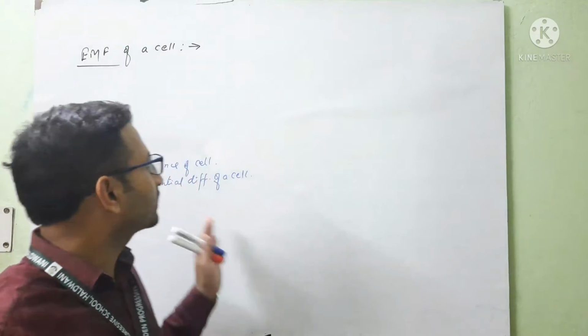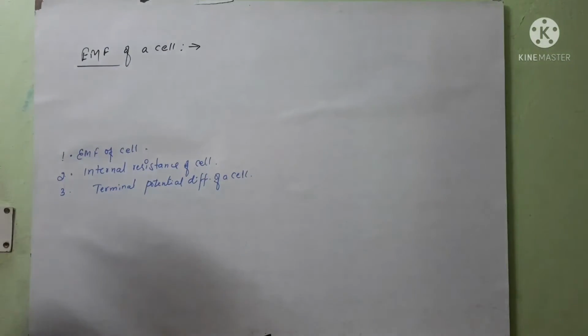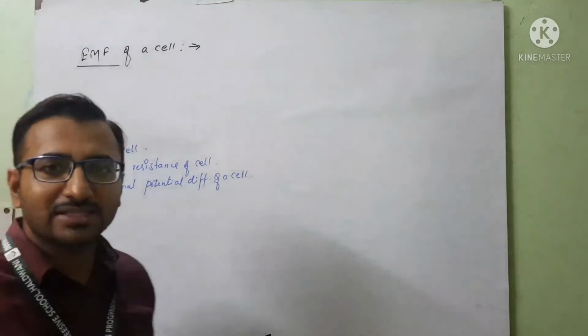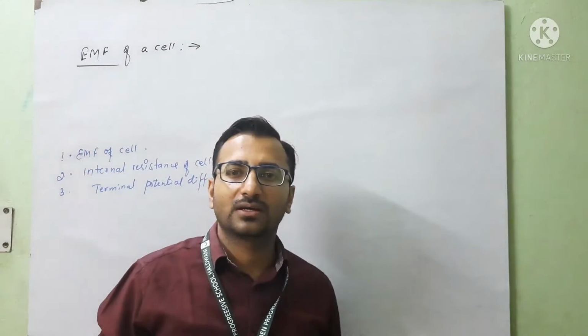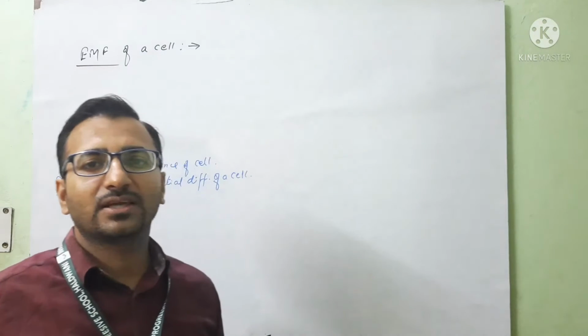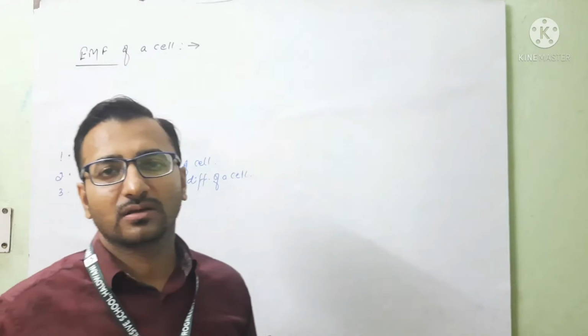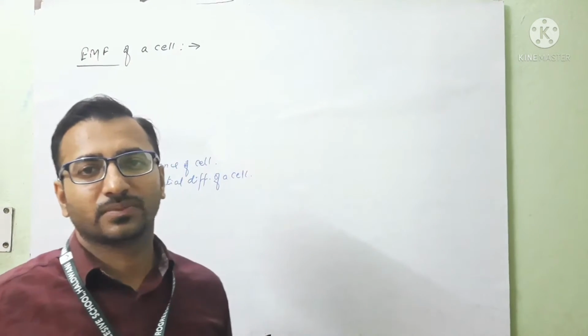On the other hand, one more definition of EMF is the maximum potential difference between the electrodes of a cell when no electric current is drawn through it. Got it?